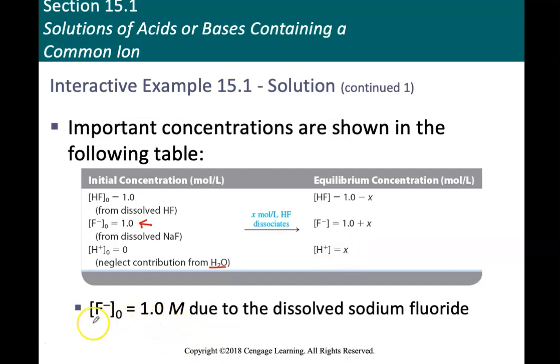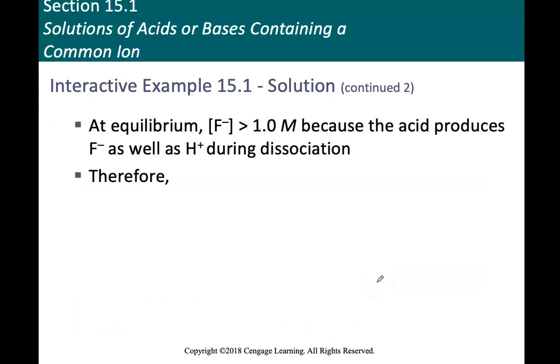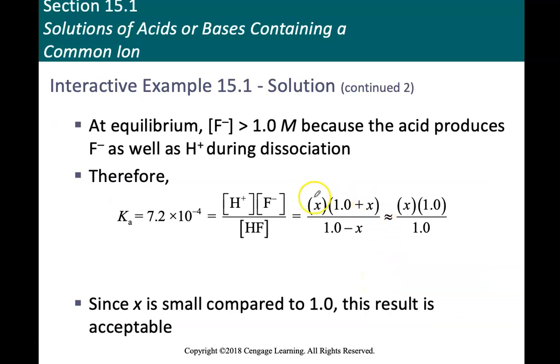The 1 mole of fluoride ions is coming from the salt. Remember that I mentioned above. So let's put it into the Ka expression, and you will see X times (1 plus X) over (1 minus X).